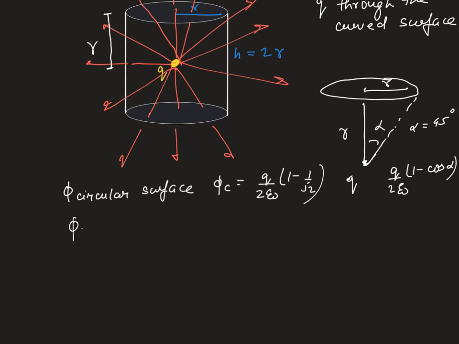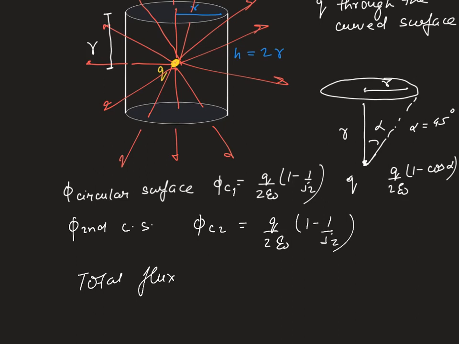Let me call this one phi c1, q by 2 epsilon naught into 1 minus 1 by root 2. So the total flux through the circular surfaces is the sum of these two fluxes. So it is going to be q by epsilon naught into 1 minus 1 by root 2, correct?